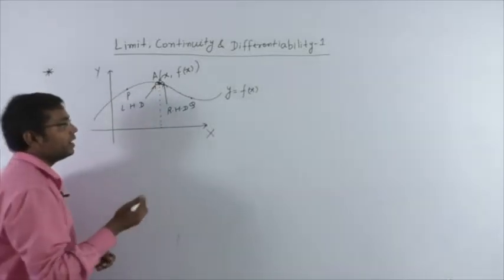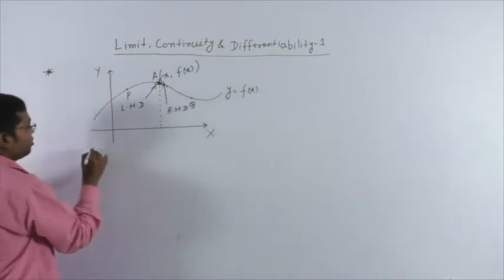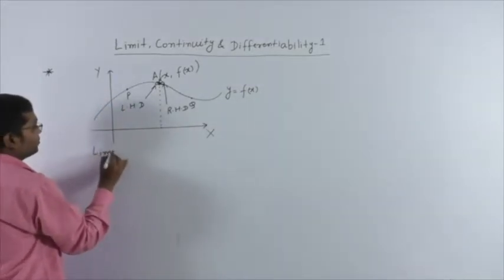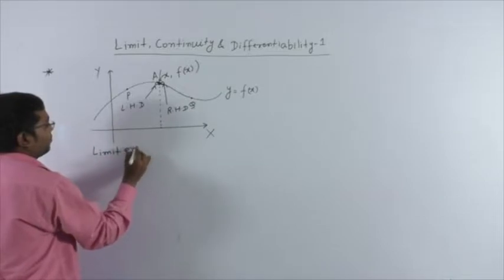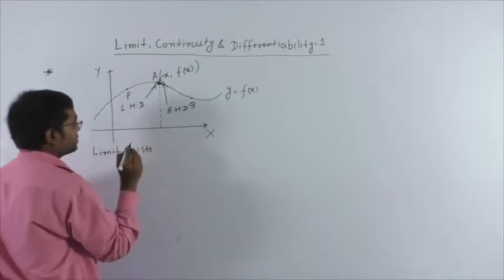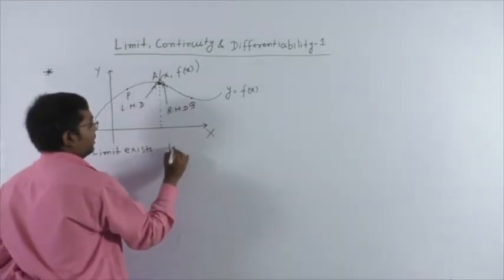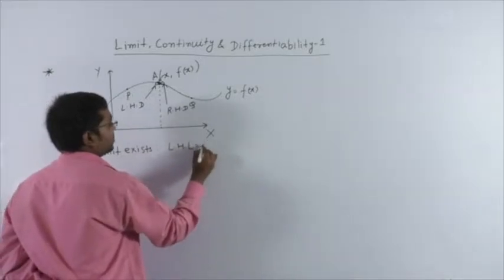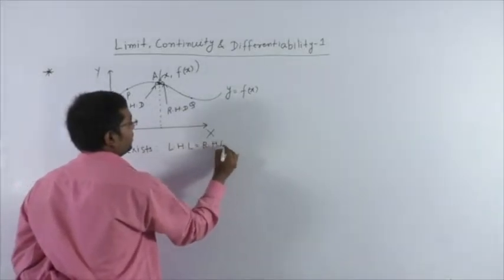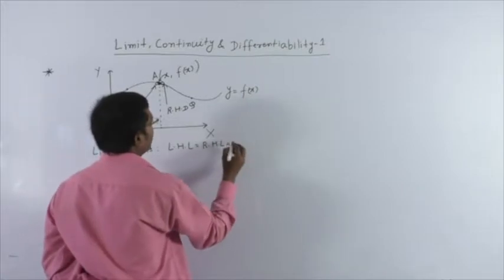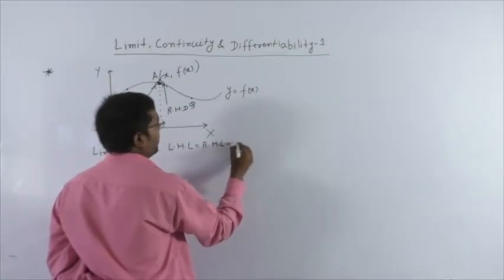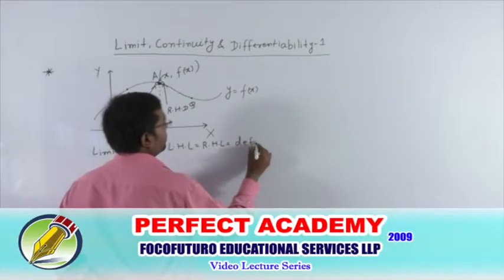Suppose the function may be undefined also, and the limit still exists. The limit exists if left hand limit is equal to right hand limit and is definite and finite.